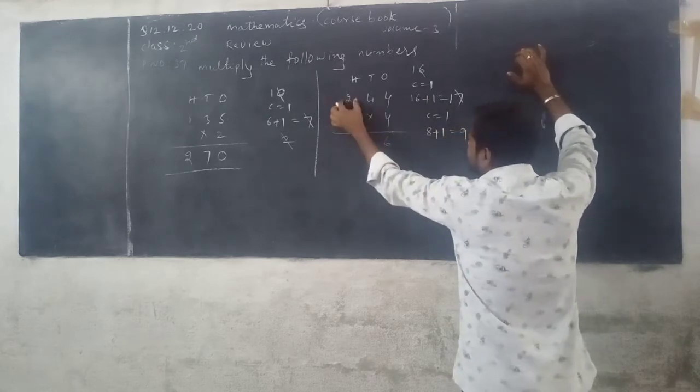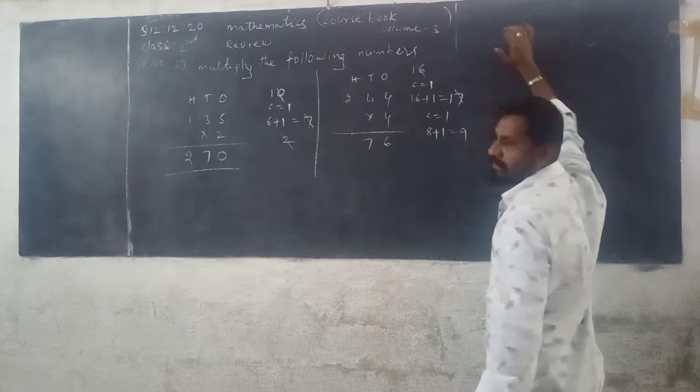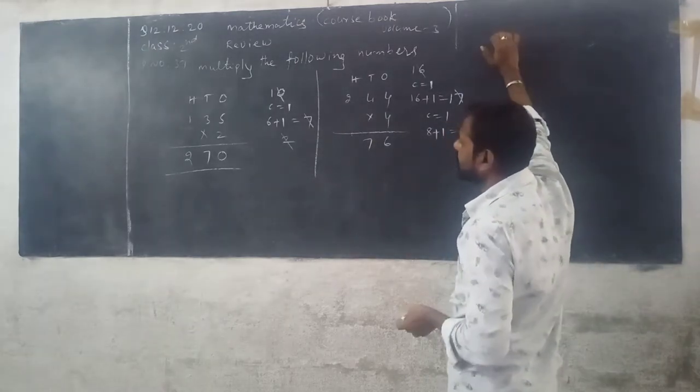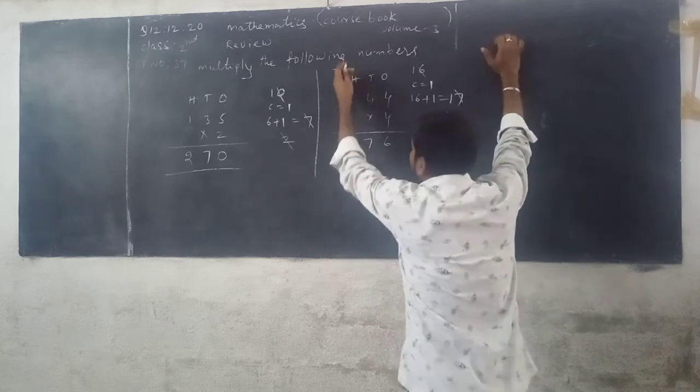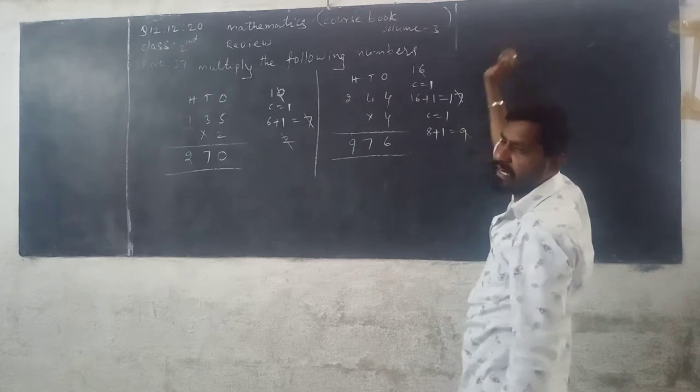This is the last digit of the given problem. Then you can write 9 as the product of the hundreds column. So the product is equal to 976.